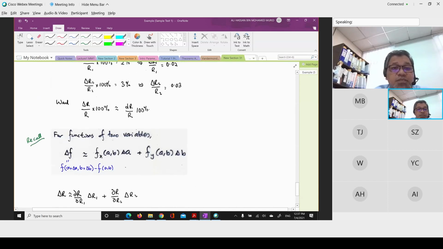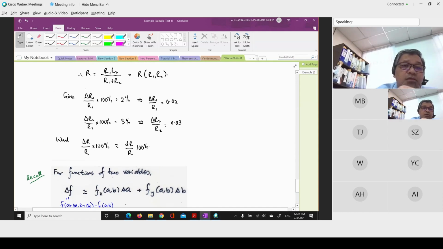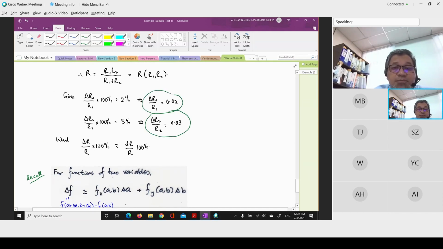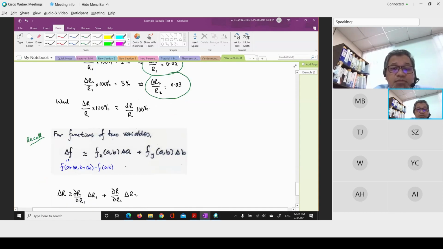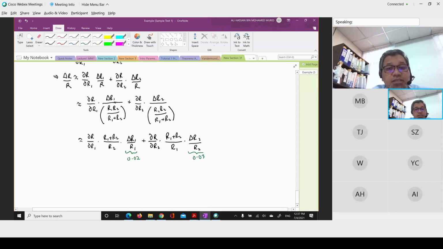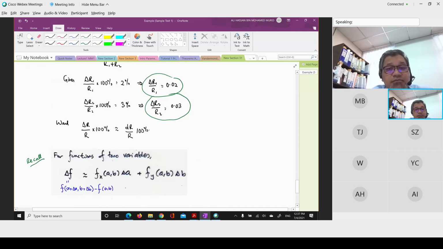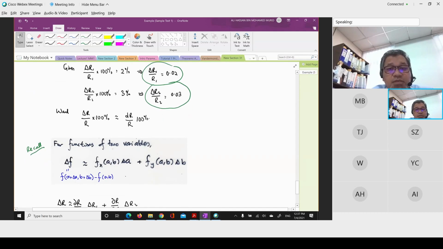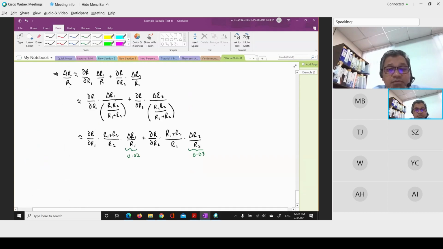Because that is the information given. So this is equal to 0.002, while the second one is 0.003. That's the reason for rewriting it in that form, because we have the values of these ratios.